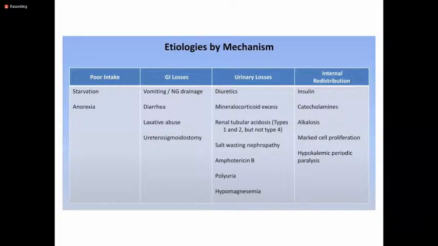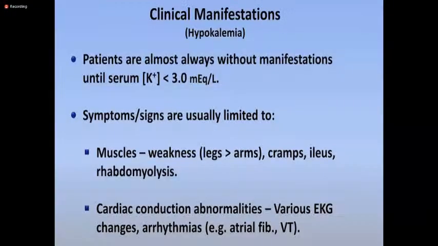In internal redistribution, you have several hormones causing a redistribution of potassium into or out of the cell, depending on what you're looking at. So most of the patients will be without symptoms unless the potassium level is less than 3. And as I said, the signs and symptoms are usually limited to the muscular system or cardiac system.